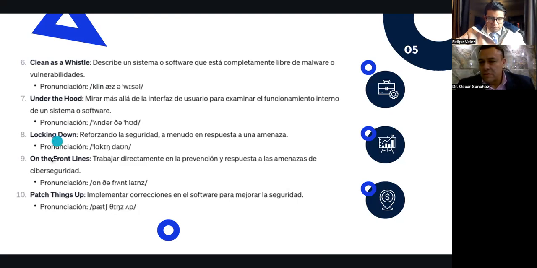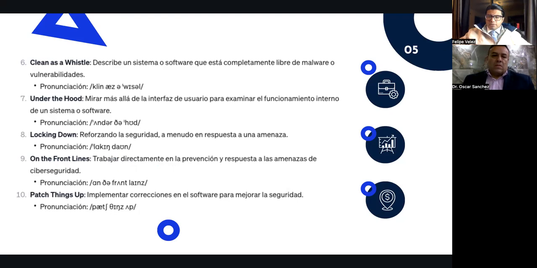Locking down. Very good. Then on the front lines. Again, on the front lines. Very good. What does that mean? It is to work directly in preventing a threat or any kind of menace to the cybersecurity. So you work on cybersecurity. You're the first responder. We say, where do you work?